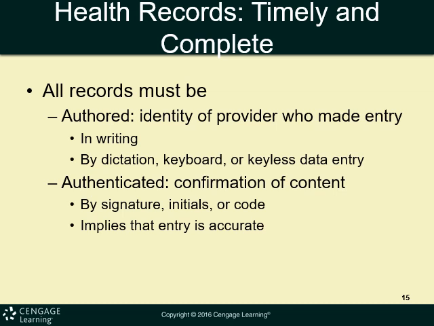Authorship identifies the healthcare provider who has made the entry, either in writing, by dictation, keyboard, or by keyless data entry. Authentication, on the other hand, confirms the content of the entry either by written signature, initials, or computer-generated signature code. This confirmation implies that the entry, as recorded, is accurate.